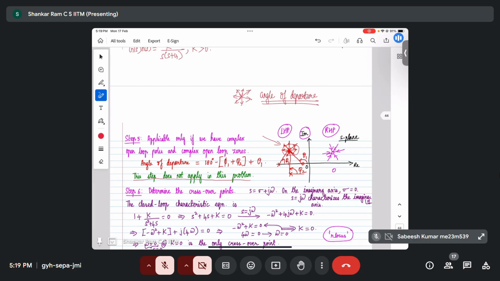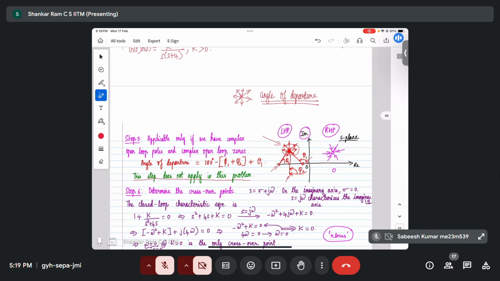Please note, the open loop transfer function has to satisfy the angle condition for a particular value of s to be a closed loop pole. So, without loss of generality, let us say there is an open loop pole here, an open loop pole here, and an open loop zero here. We draw vectors from the other open loop poles to this particular pole.